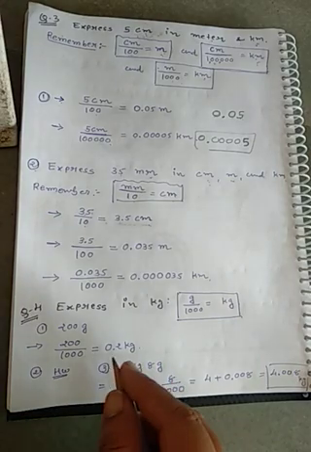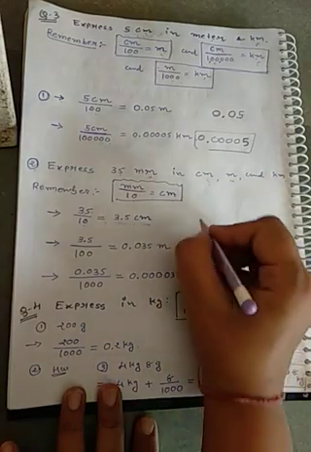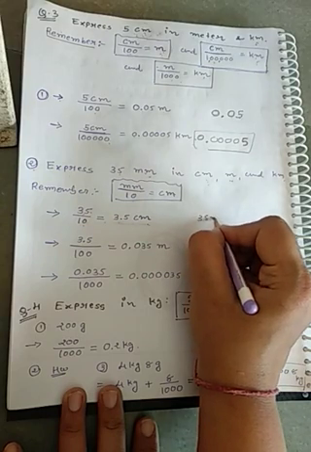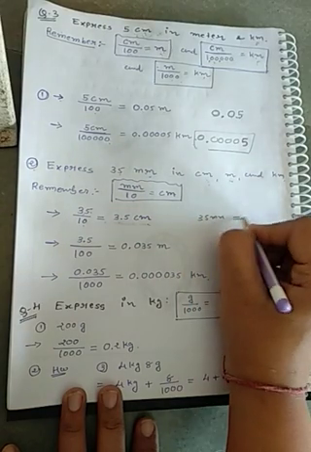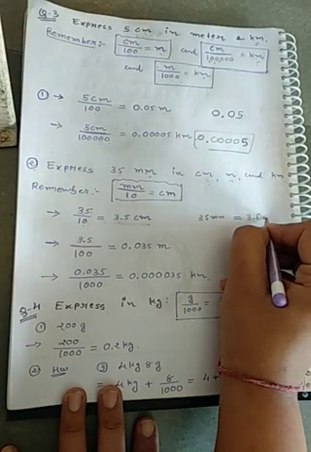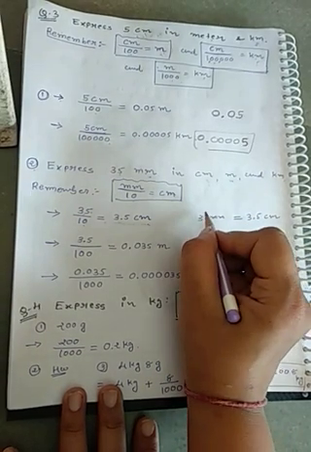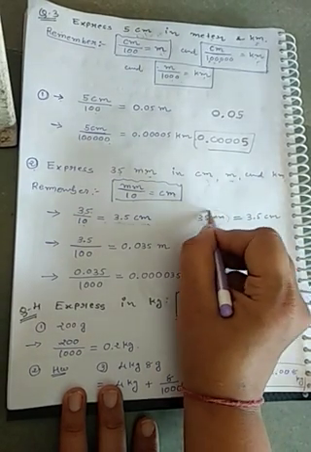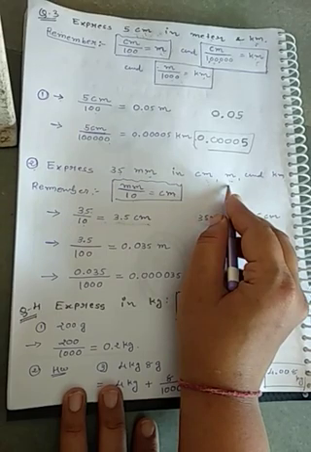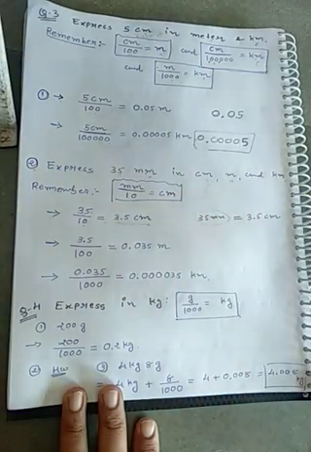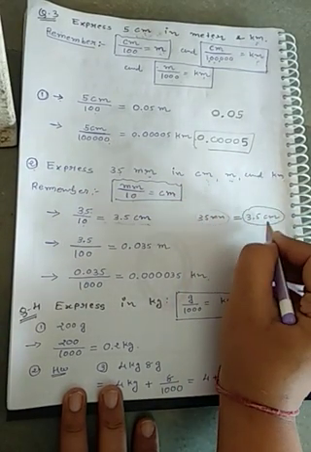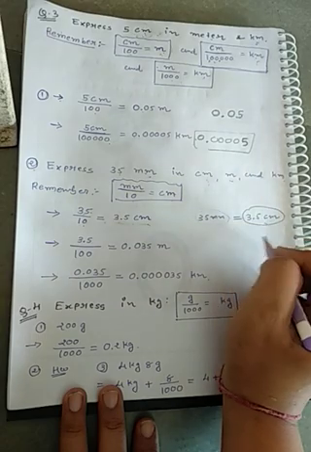Clear? Again I repeat. 35 millimeter is equal to 3.5 centimeter. So if I want to convert this millimeter into meter, it is same as to convert this centimeter into meter.